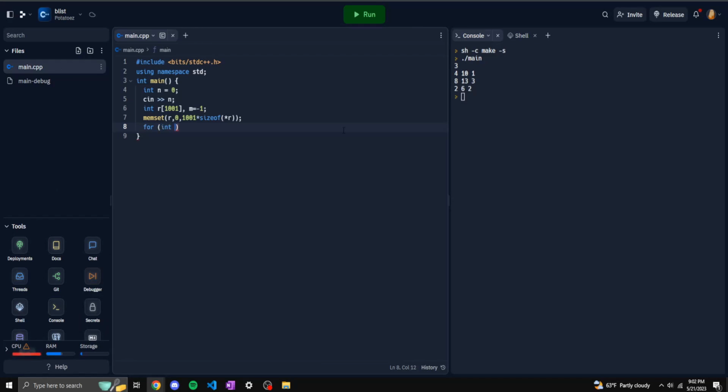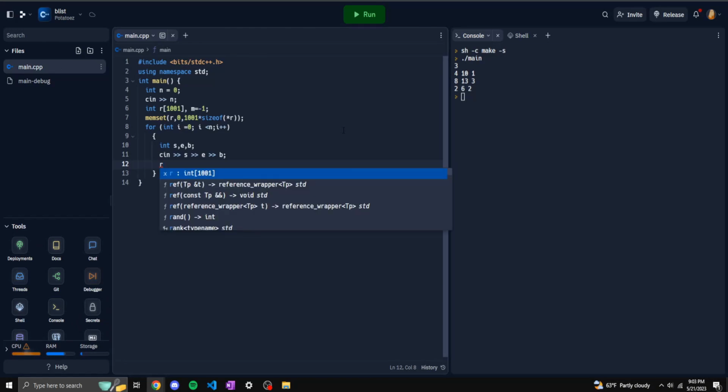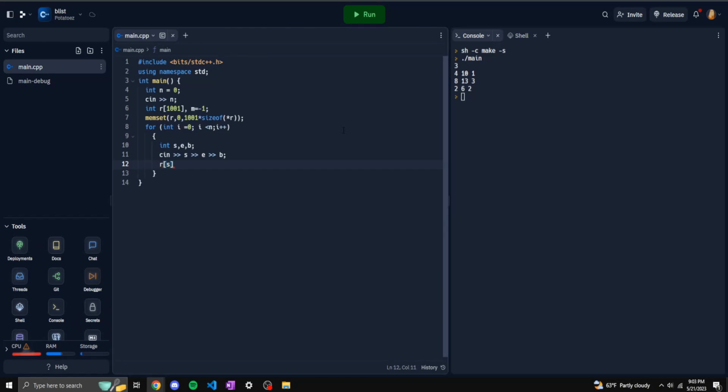And now I would just input everything that I need, which are our start, our end, and the amount of buckets that we need, and I would cin them all. And as explained before, I would mark the start of the array with however much b I need to signal, okay, at this time period I am using this many buckets.